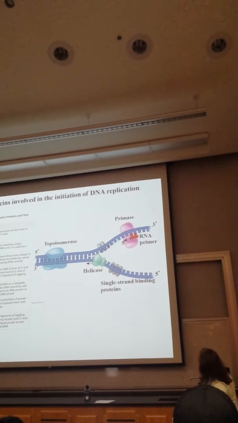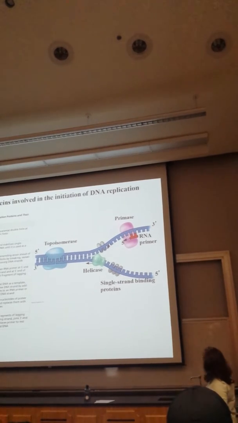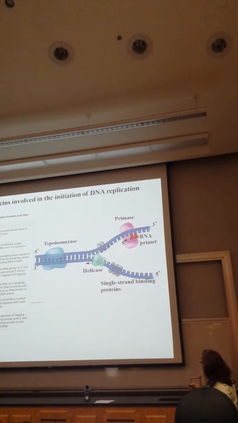A helicase helps to unwind that double helix. The bacterial DNA double helix has to be unwound in order for DNA polymerase to bind to the template strands and generate a new strand. So it's the helicase protein that's involved in this process.